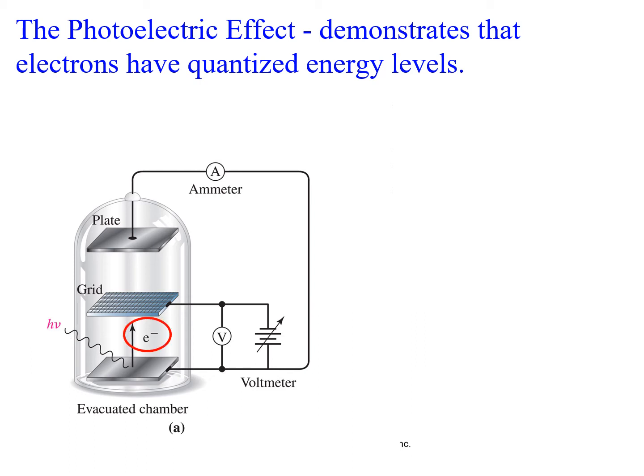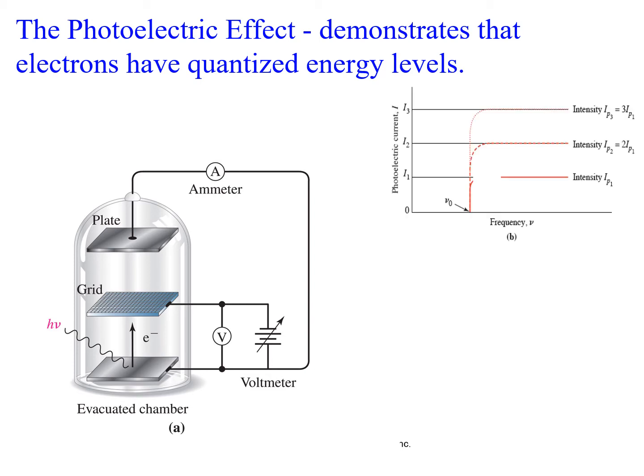We call this the photoelectric current, and these are various intensities. You can see at any given frequency, it is constant, but the intensity of the current increases in quantized steps. So that's the photoelectric effect: the energy intensity of a current is quantized.